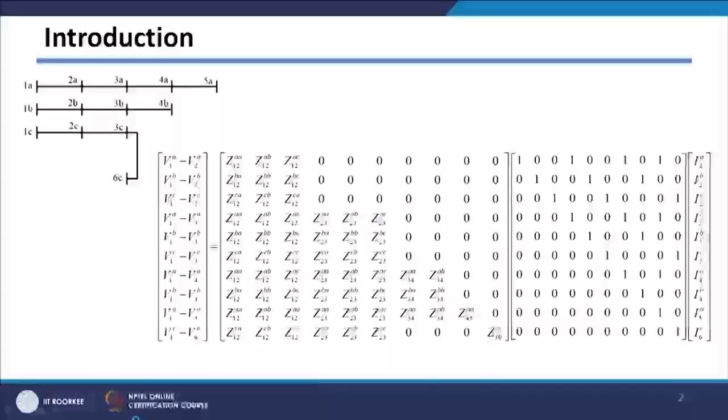Before going to the line to line fault, let us revise what we have seen. In the direct based approach, we have the BCBV matrix and the BIBC matrix.